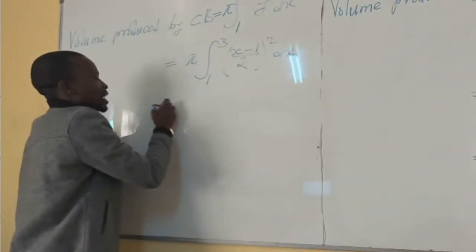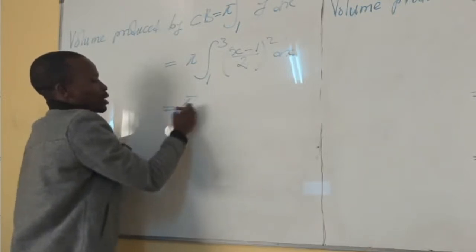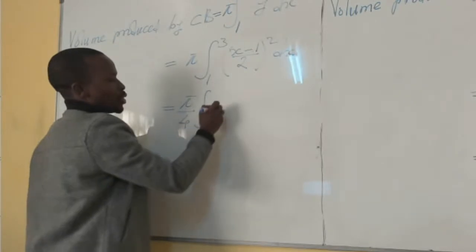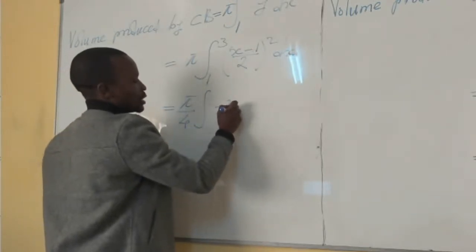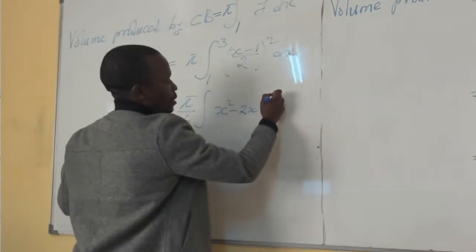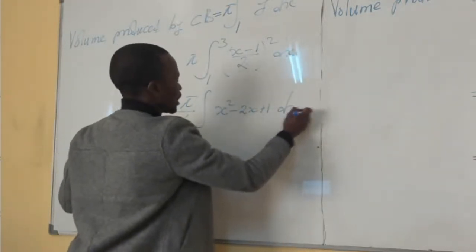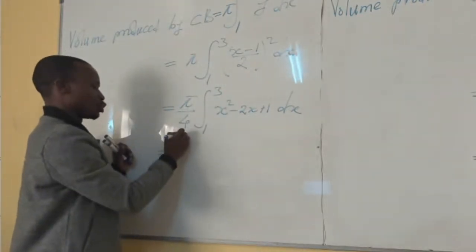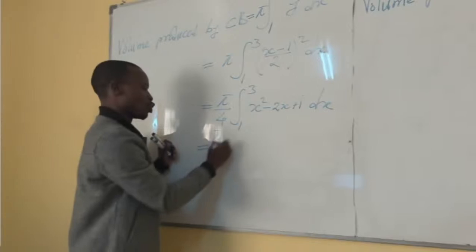When we expand this and simplify, we're going to have pi. Now 2 squared is 4, that will go out. Then we are just going to remain with x squared minus 2x plus 1 dx from 1 to 3, and we are going to have pi over 4.